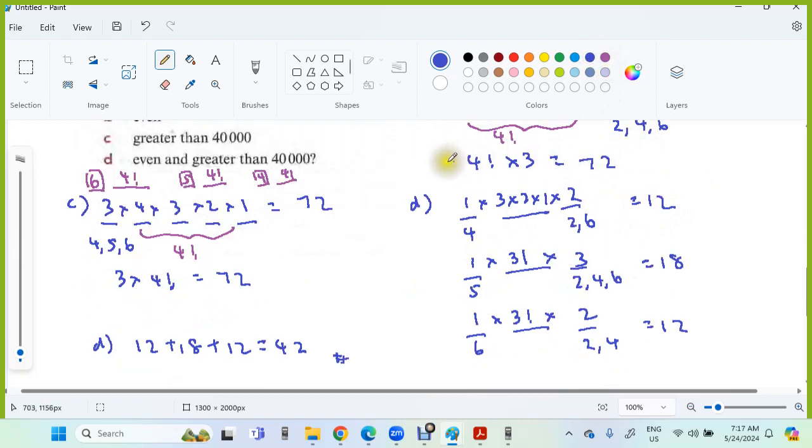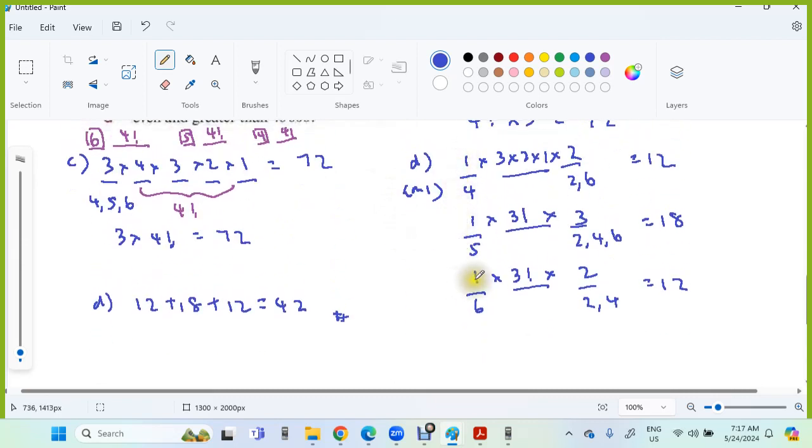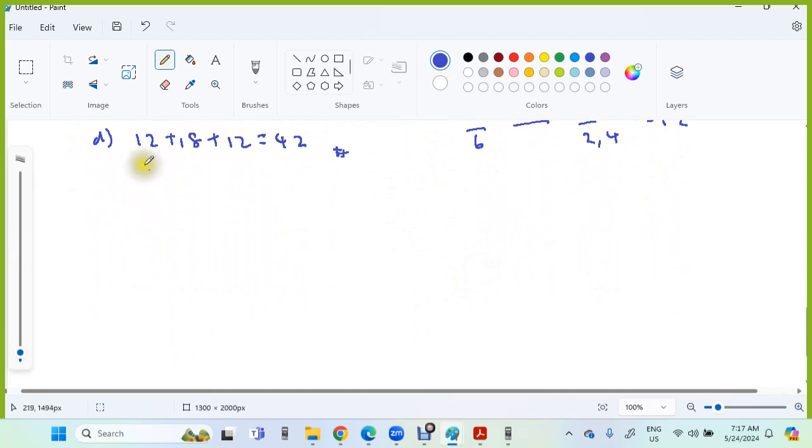For D here, this is the first method. So I start with the number beginning. If I end with 2, 4 and 6, I have 3 cases.